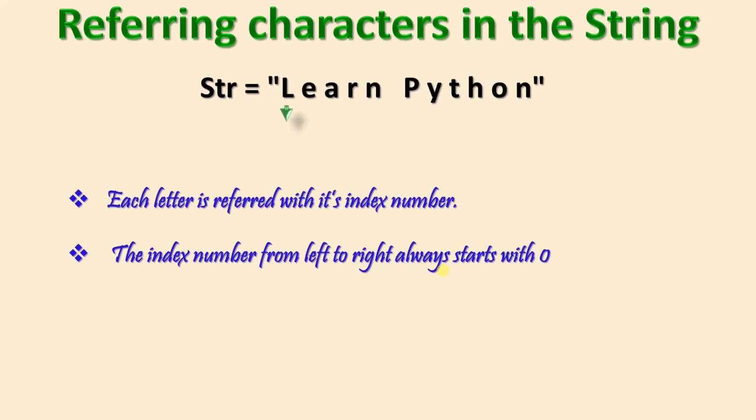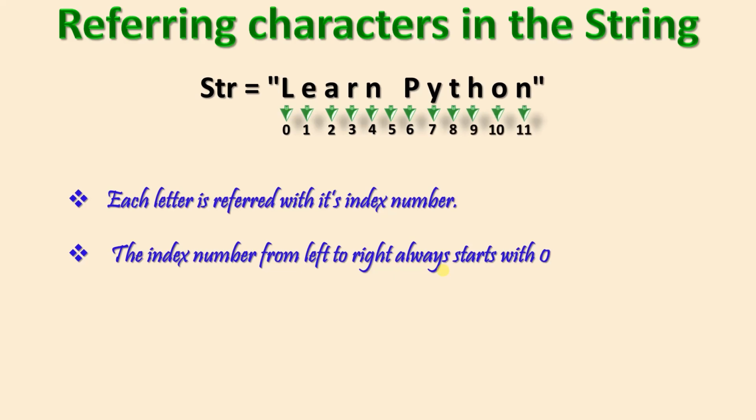L will have the index number 0, E is 1, and so on. When it comes to space, that is also considered as one character, so it will be indicated as 5 here, and then P with 6 up to 11 here.